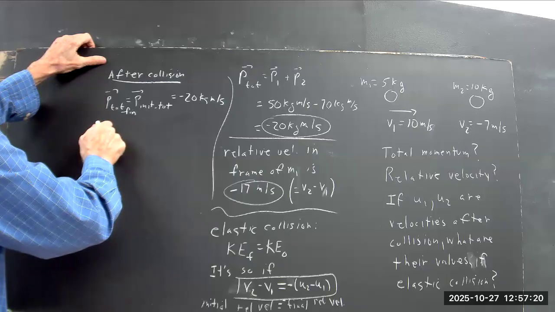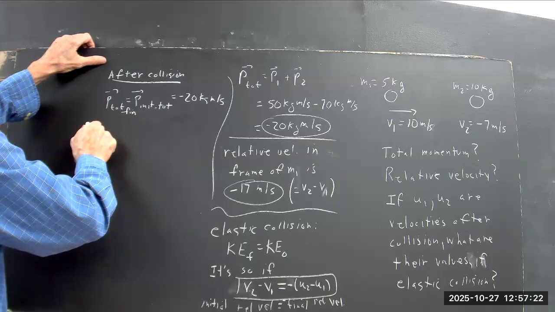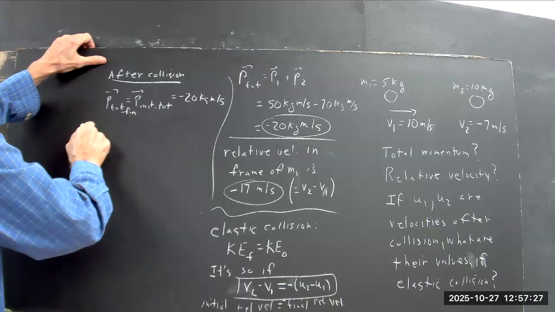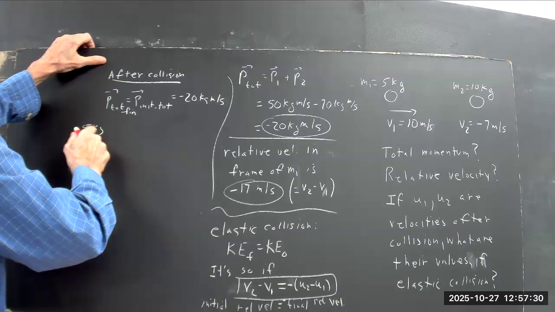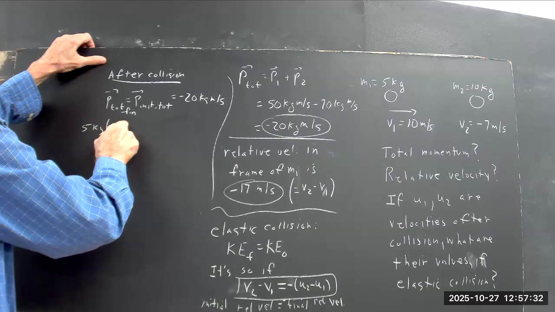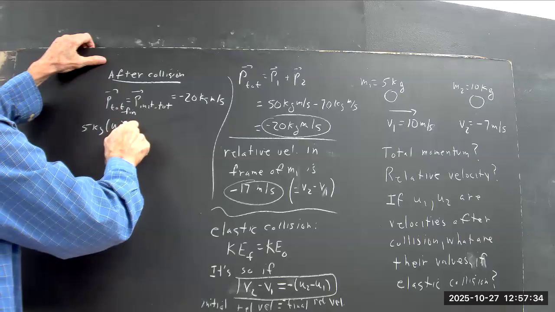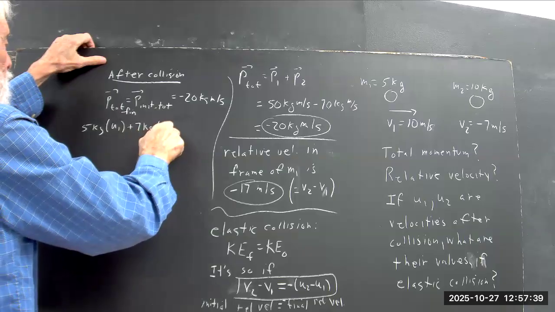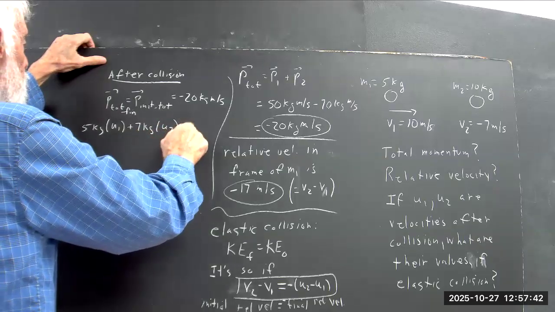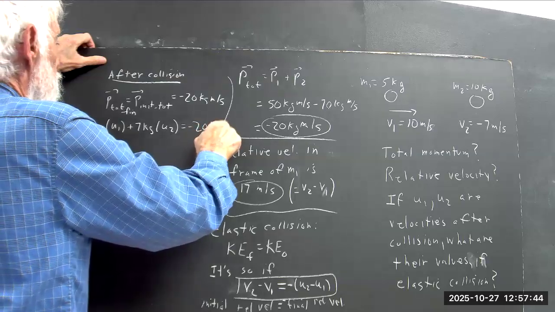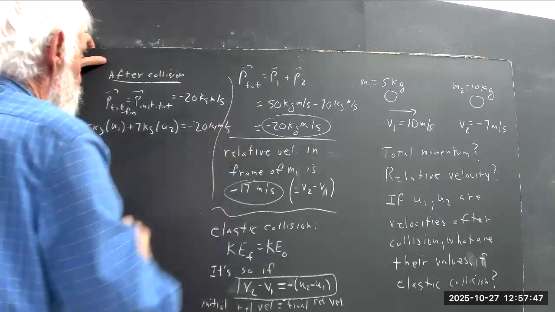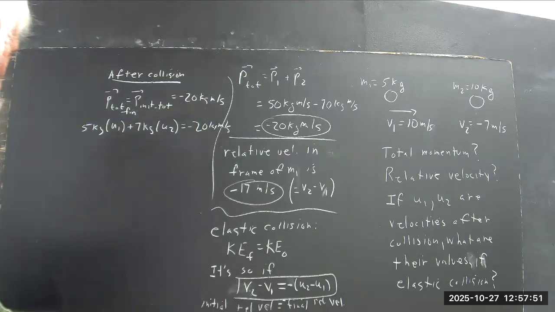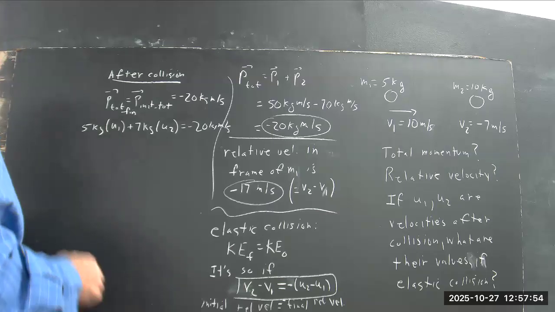The final total momentum is, I'm debating whether to use symbol or I'm going to just go ahead and use the number, 5 kilograms times U1 plus 7 kilograms times U2 equals negative 20 kilogram meters per second. The kilogram meters per second is unreadable, but it's the same thing I had here. Okay.